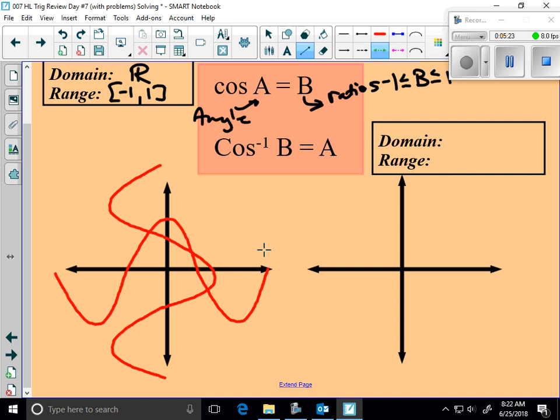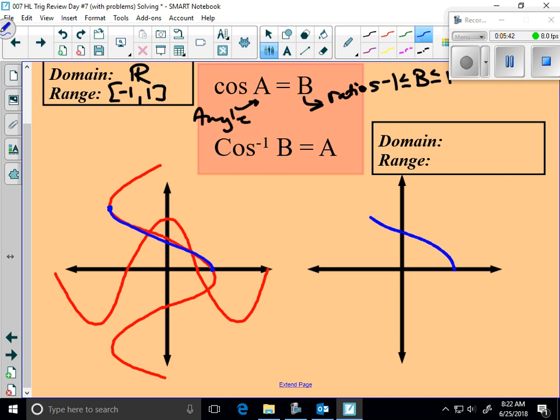All right, so the cosine is restricted differently than the sine function for inverse. Okay, so what we do with the cosine function on this new one is we restrict it from here to here. Okay, that is inverse cosine.